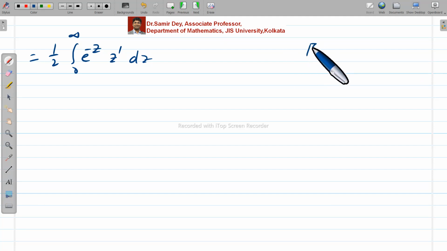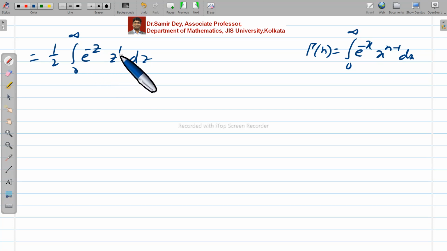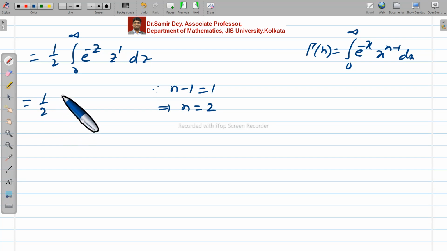Our target, gamma n equals integral from 0 to infinity of e to the power minus x, x to the power n minus 1 dx. Now you can see the range is same, e to the power minus variable is required, and here you have it, but here the power is 1. Therefore n minus 1 equals 1, that means n equals 2. Replace it: 1 by 2 integral of e to the power minus z, z to the power 2 minus 1 dz. Is it clear?